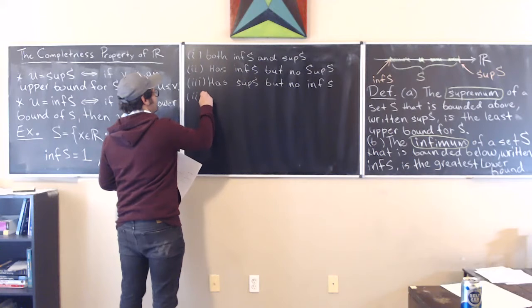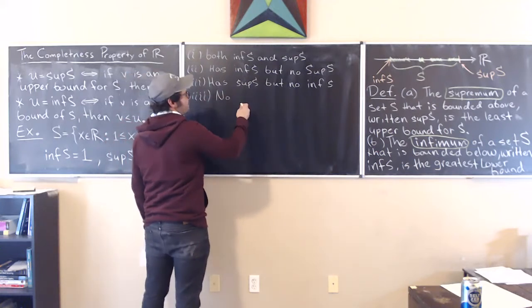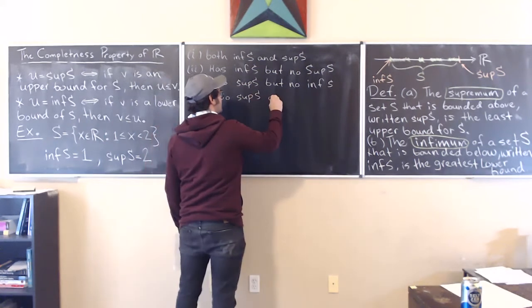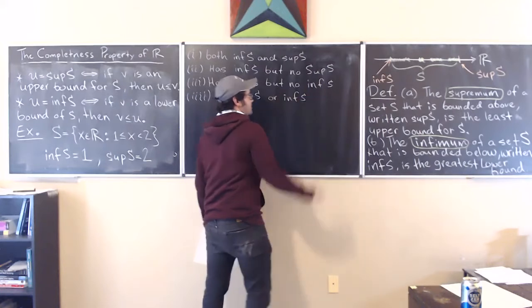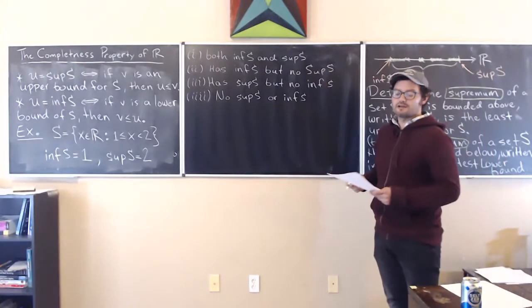And then finally, no supremum or infimum. So every subset of the real number line is going to satisfy exactly one of these.